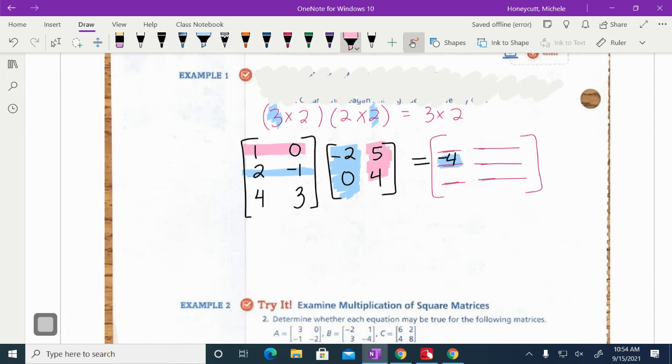Okay. Row 1 by column 2, then I'm going to get the element in row 1, column 2. That one right there. So 1 times 5 plus 0 times 4 is 5 plus 0, 5.